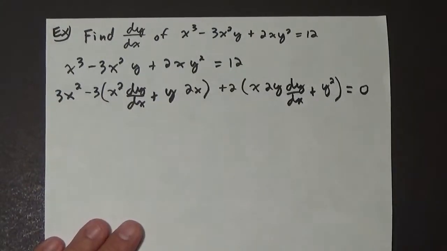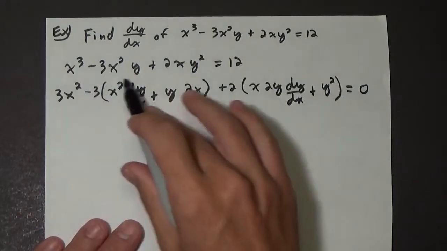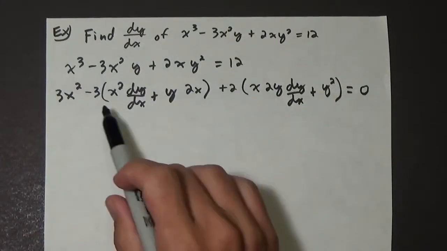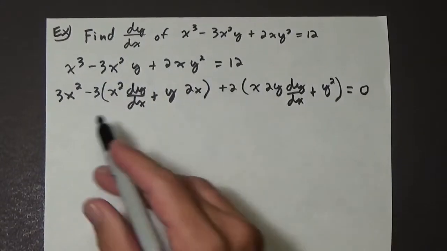Okay, so here's our initial step of finding the derivative. We were able to take the derivative of this equation with respect to x. Okay, so now I'm going to distribute the negative 3 and the 2.